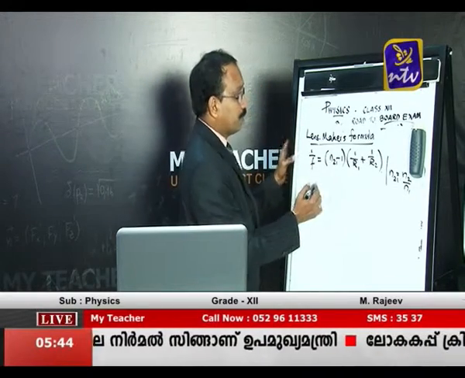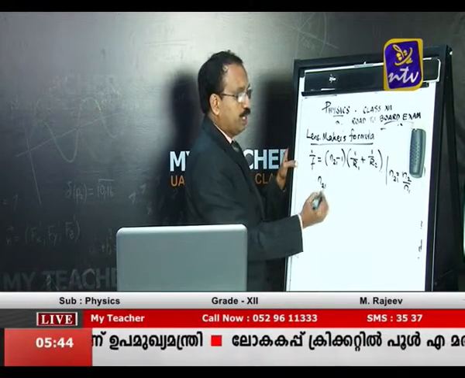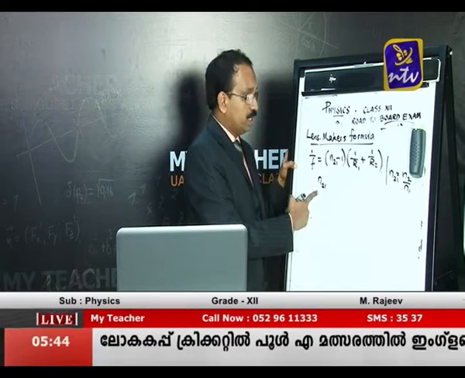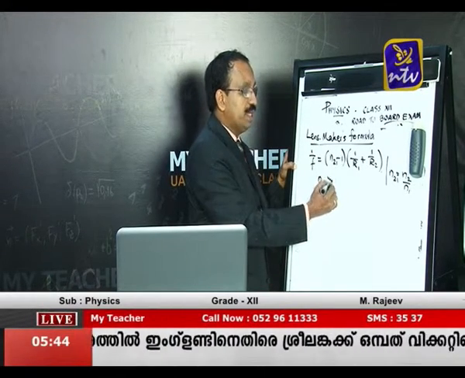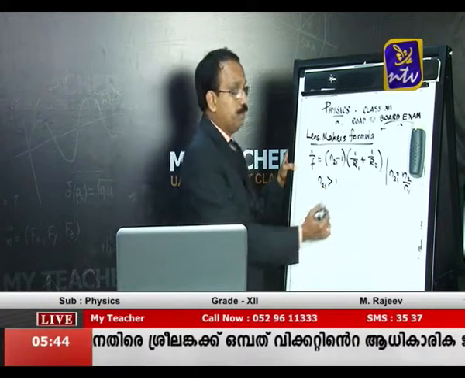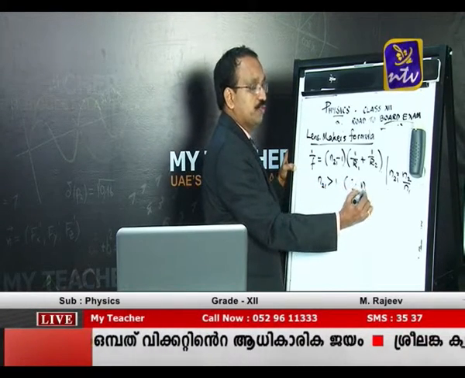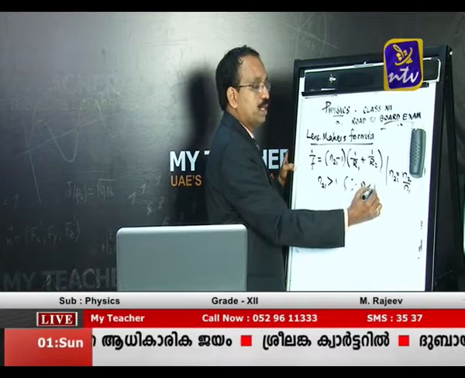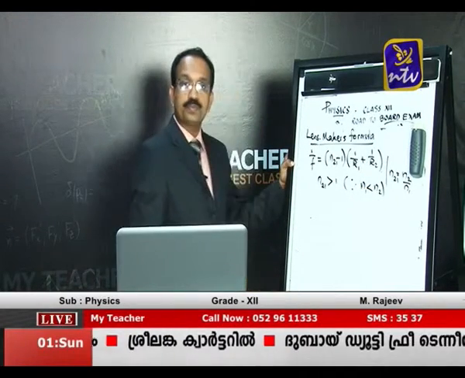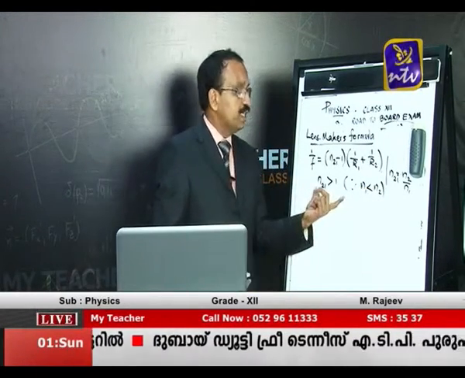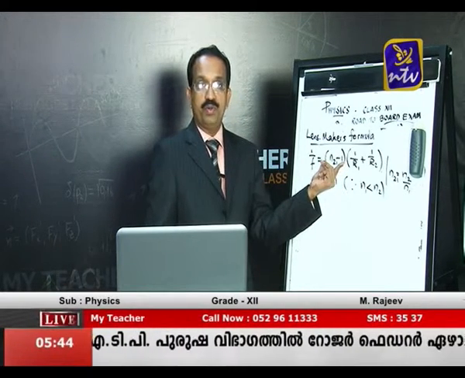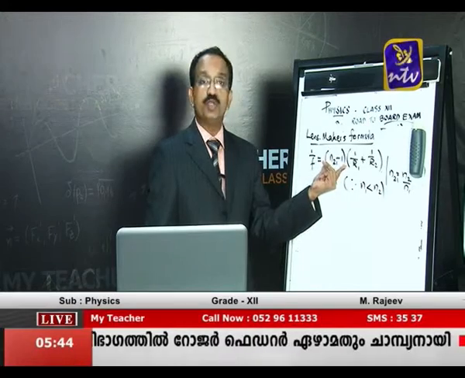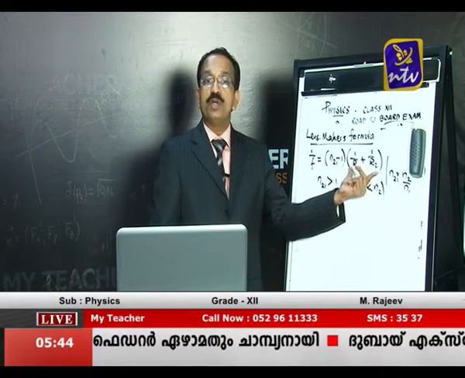That means the refractive index of the second medium, that is of the lens with respect to the medium, will always be greater than 1. This is usually happening, because the refractive index of the medium is usually less. So this is bigger than 1, which means this part will always be positive, and this is anyway positive into positive.